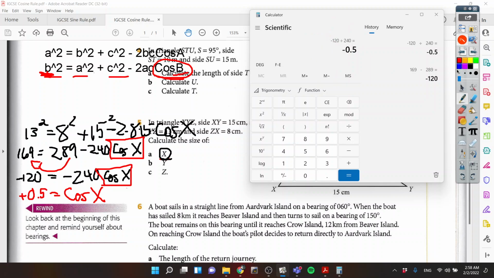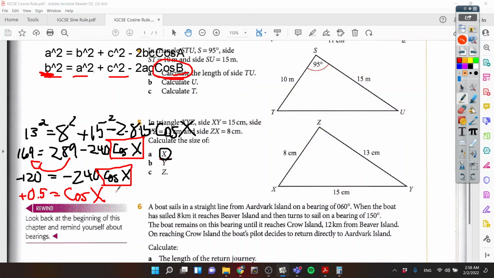Then last step, I want inverse cosine of that 0.5. So trig second cosine tells me that angle is 60 degrees. So I'll just say x equals inverse cosine of 0.5, which is 60 degrees. So x here is 60 degrees.